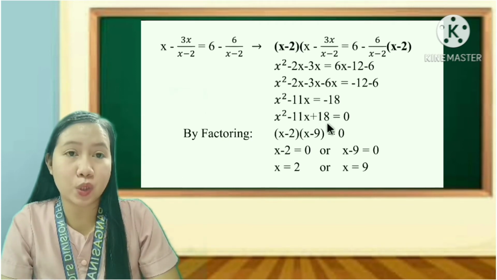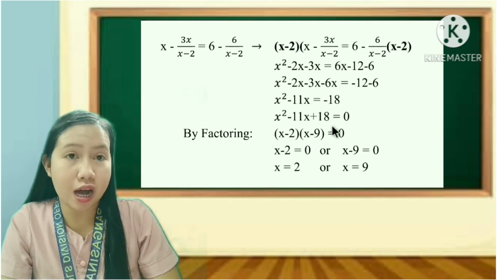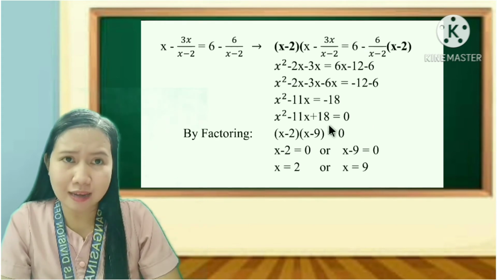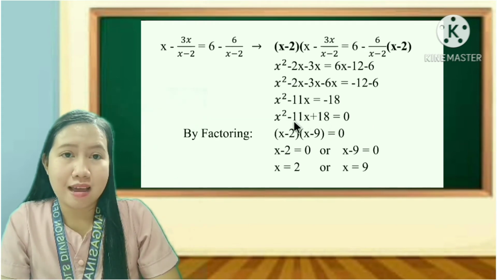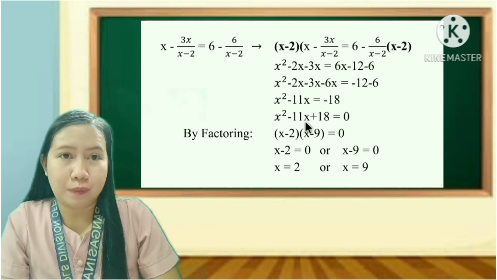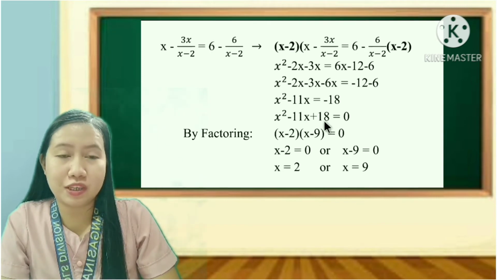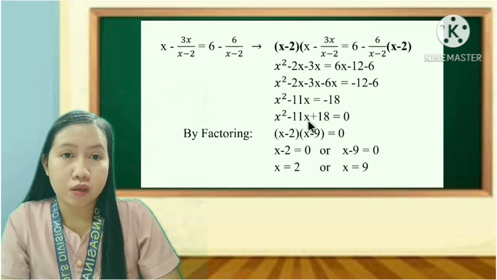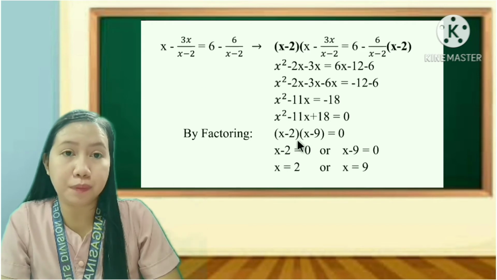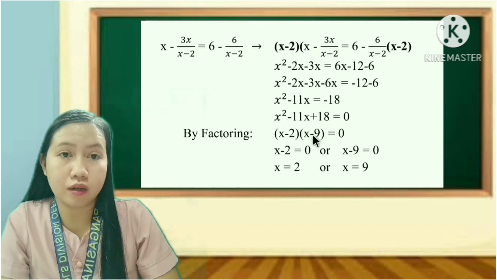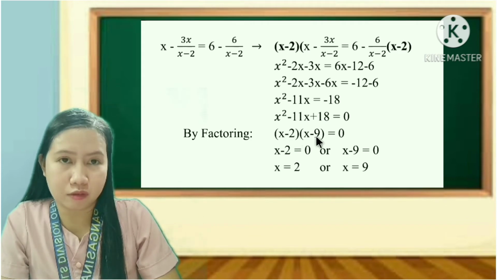What are the factors of 18 that if we add or subtract, the answer is negative 11? We just have the factors 9 and 2. So we put here 2 and 9, or just simply 9 here, or 2, the same as true.